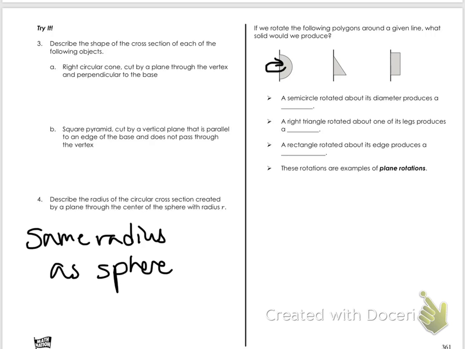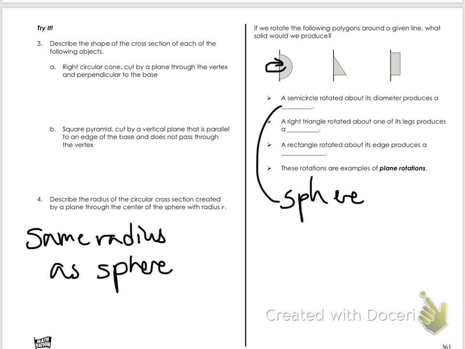There are not going to be any vertices created by these rotations. So this semicircle that is rotated around its diameter, that's going to produce a sphere. Because you've got a rounded thing being rotated around, that's giving us a sphere.